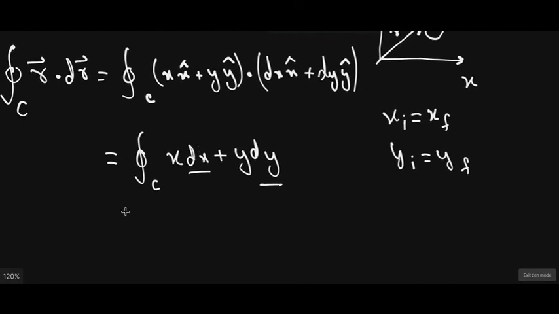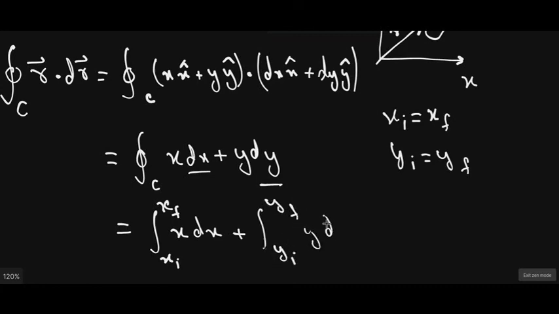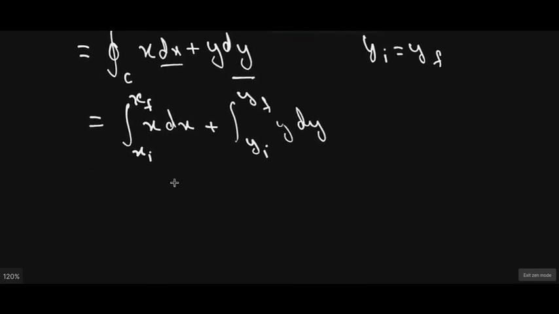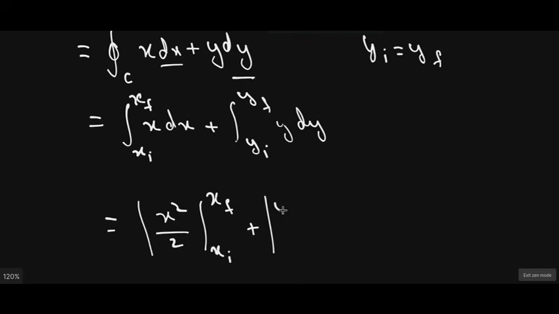So what we can do is separate this into 2 integrals. We have the integral of x dx from xi to xf plus the integral of y dy. Now this is x squared by 2 from xi to xf plus y squared by 2 from yi to yf.